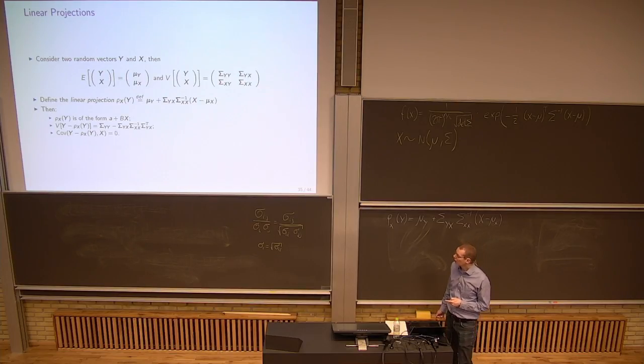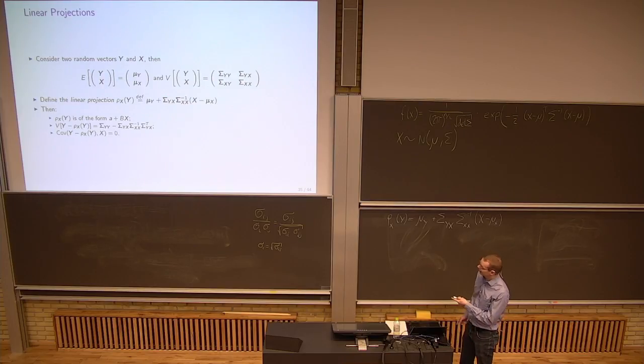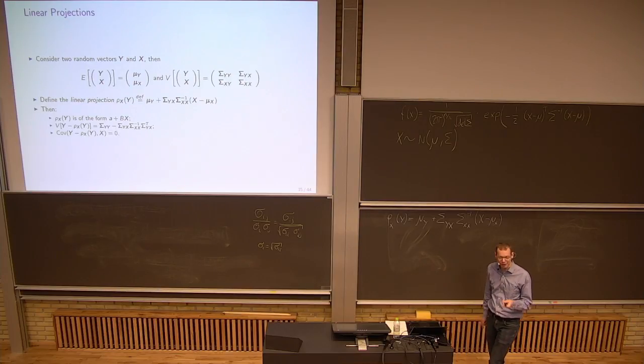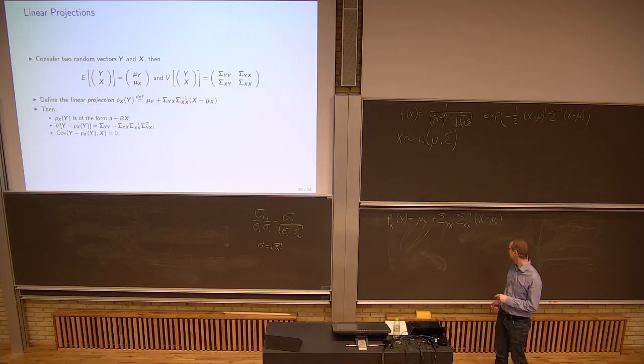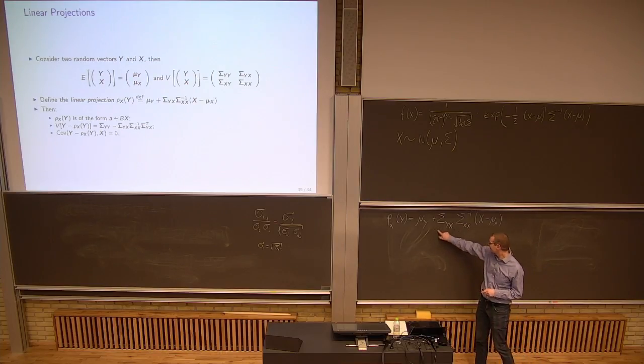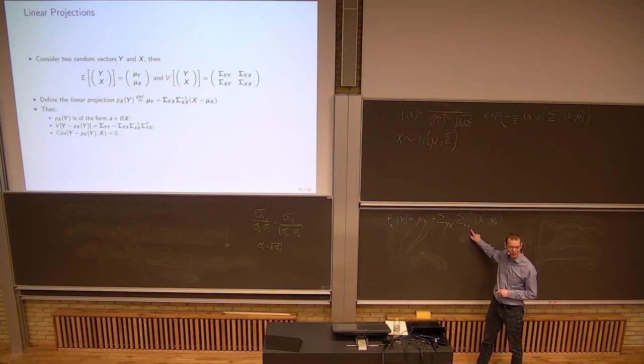So what happens here is it becomes the structure of a linear regression, y equals a plus bx plus some noise. Now the difference here is in which direction you do the optimization.